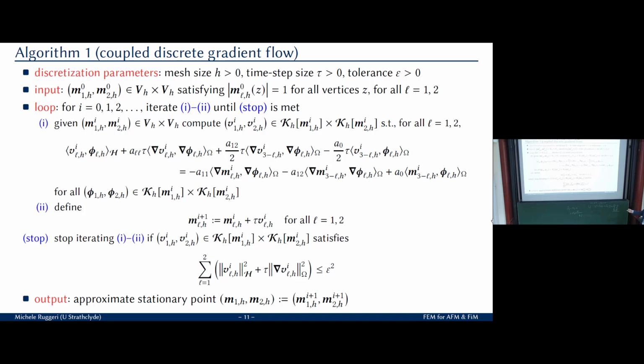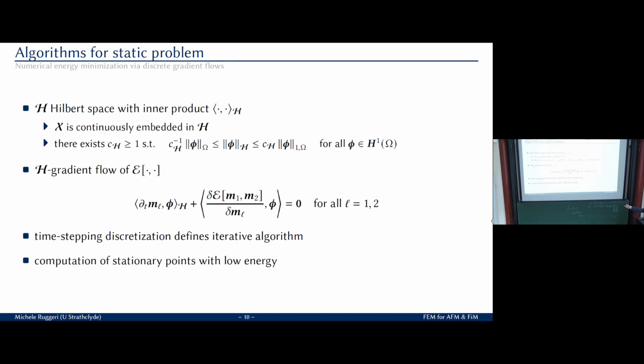And then, once we get our update here, we perform the first order time stepping here to get the next one, okay?